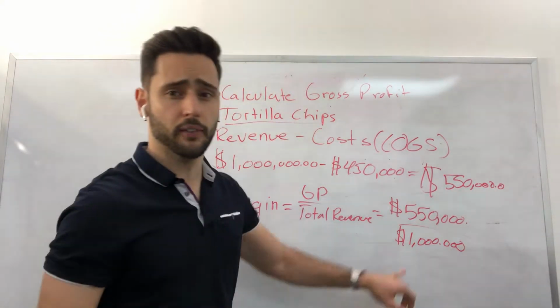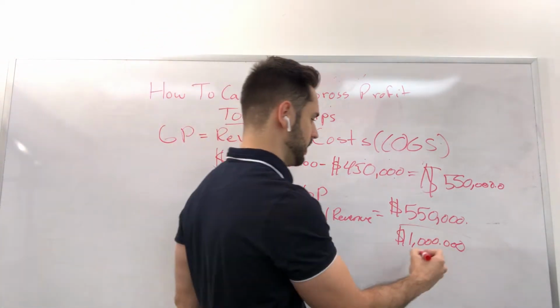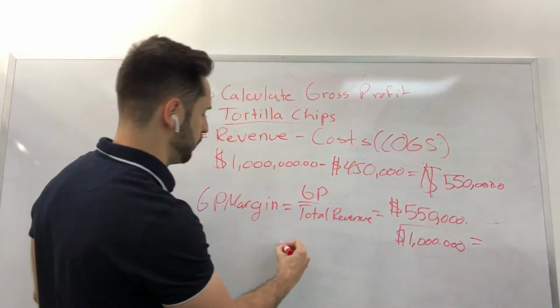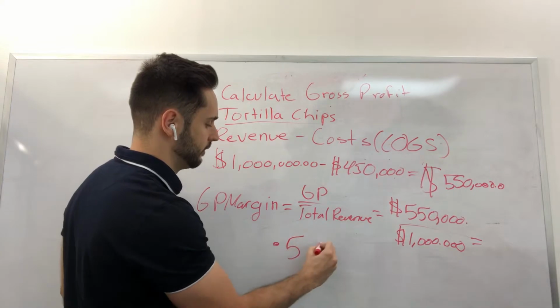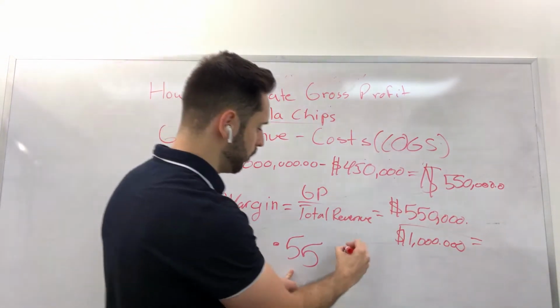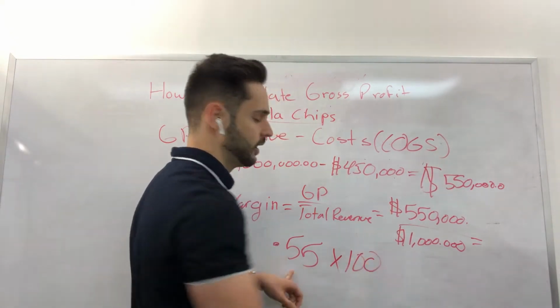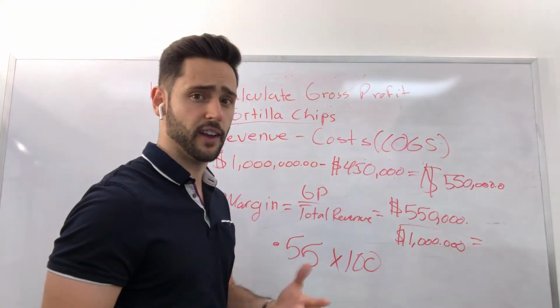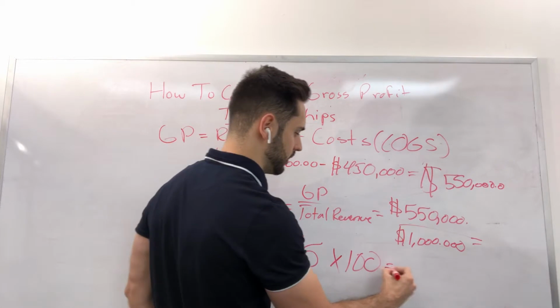That's going to give me roughly 0.55. Obviously we're calculating a percentage, so we want to multiply this times 100, and that's going to give us a 55% profit margin.